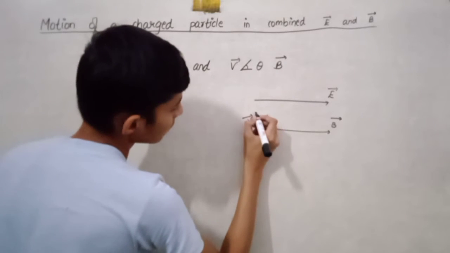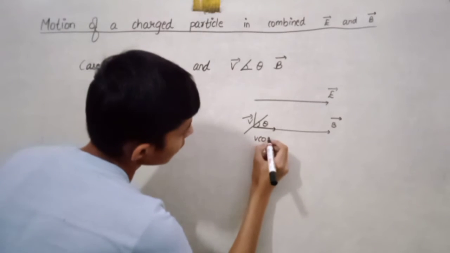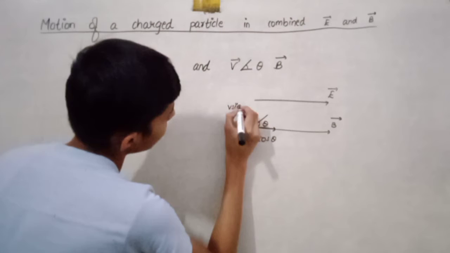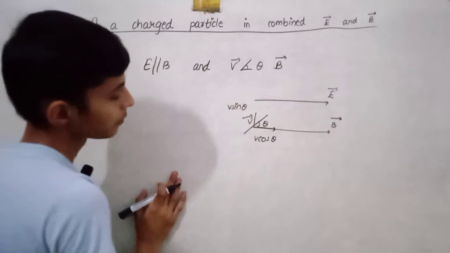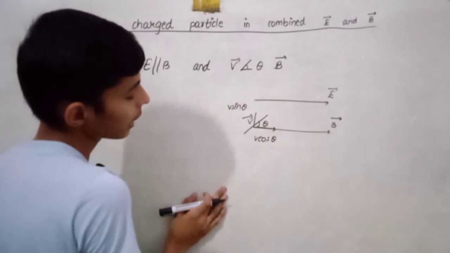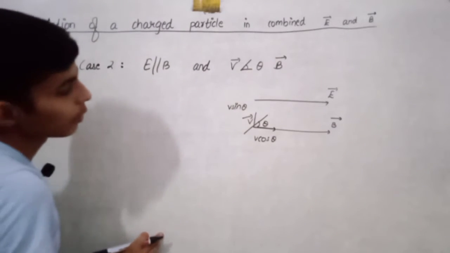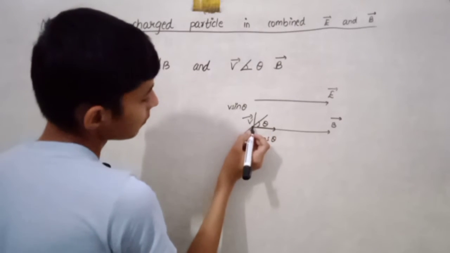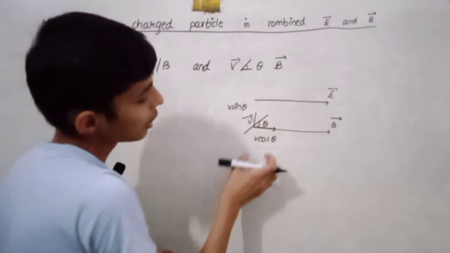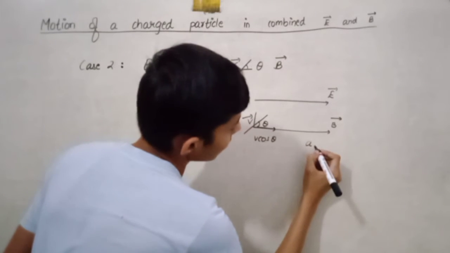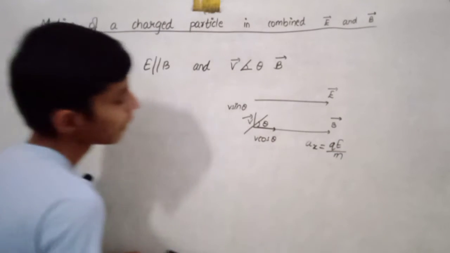So the two components of this velocity vector are v cos theta and v sin theta, and we know that v sin theta is responsible for the circular motion of the particle and v cos theta is responsible for the motion of particle in the positive x direction. So the charge follows circular motion in which the charge has an acceleration in the positive x direction which is equal to qE divided by m.